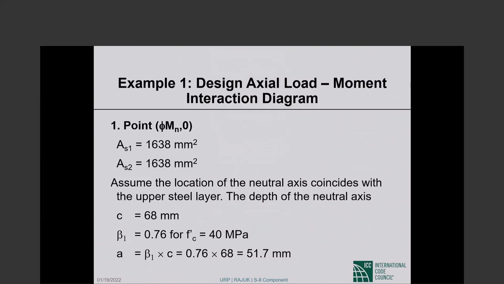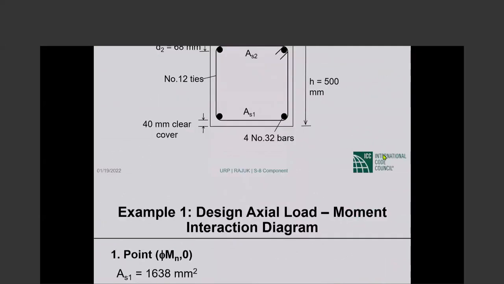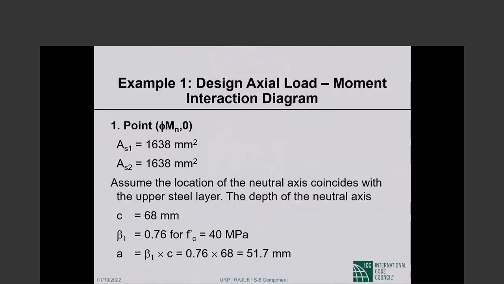A sub s1 and A sub s2 are 1638 square millimeters, 2 number 32 bars. Assume the location of the neutral axis coincides with the upper steel layer, meaning neutral axis depth is 68 millimeters. This is strictly an assumption.